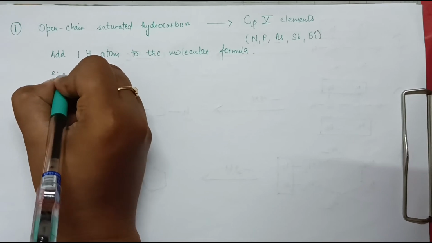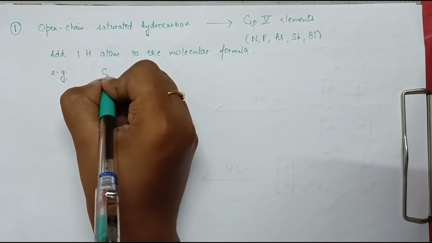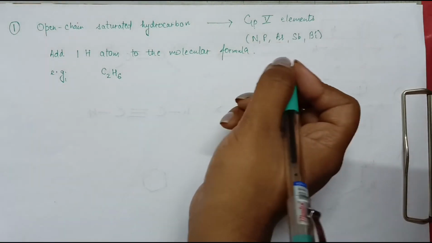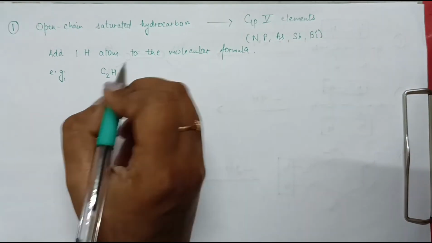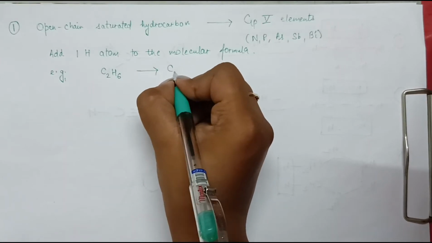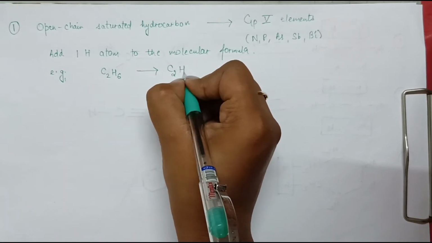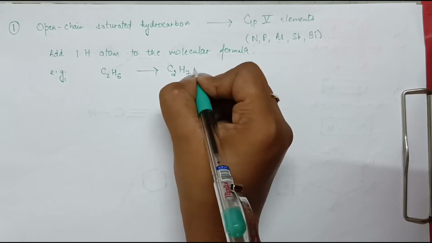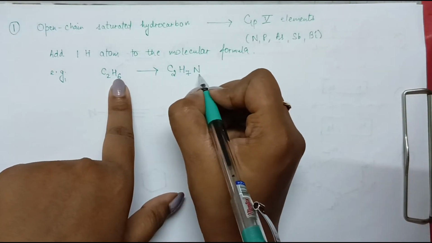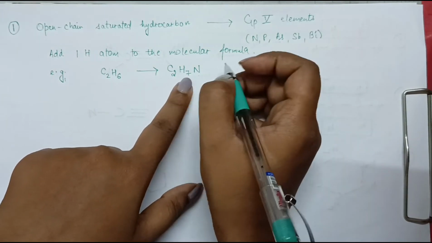So for example, if we are having C2H6 and we want to add any group 5 element, then we are going to change this formula to C2H7N. Here we have added one hydrogen and one group 5 element.